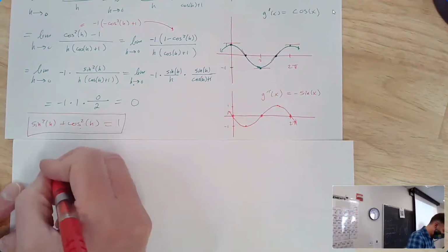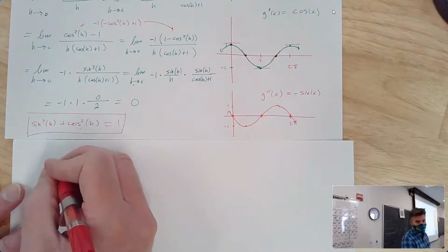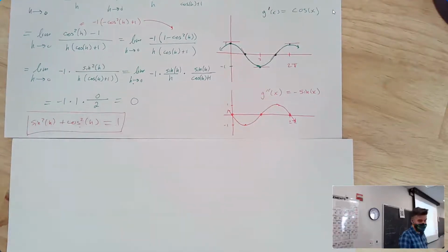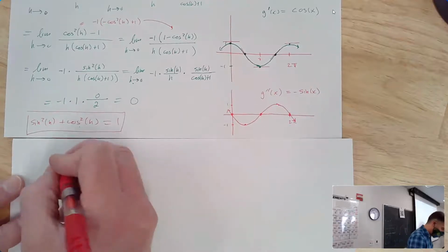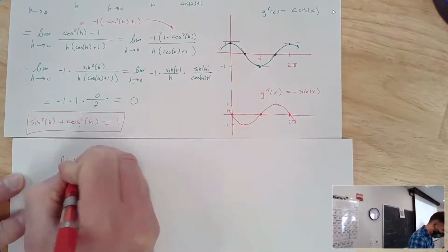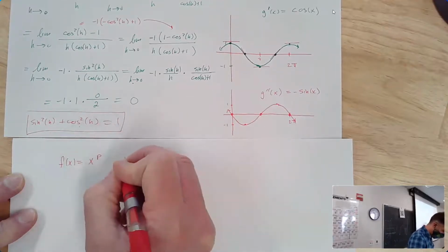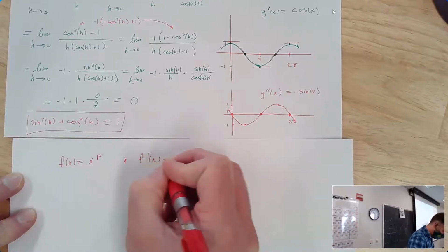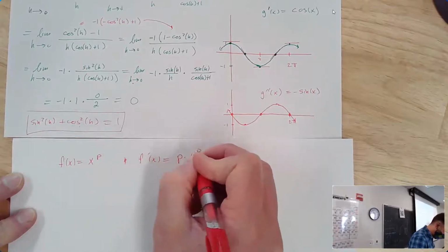We know that, so I'm going to introduce a notation that I prefer. So you can either write something like f of x is x to the p, and f prime of x is p times x to the p minus 1.